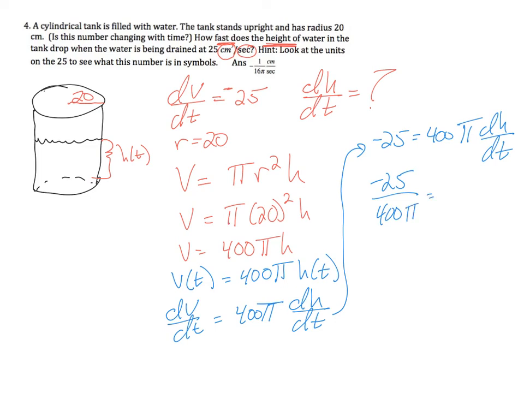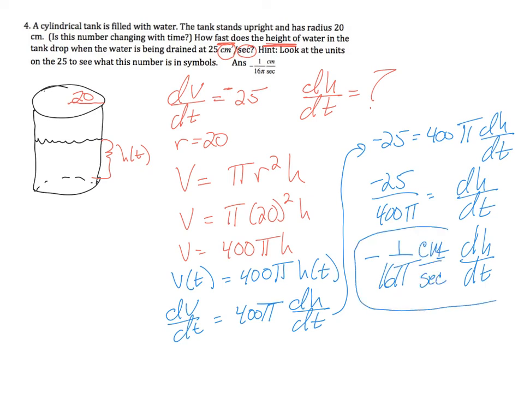So I get dh dt is equal to negative 25 over 400 pi, which simplifies to negative 1 over 16 pi centimeters per second. Okay, and that is the answer that's given. Okay, I think that does it.